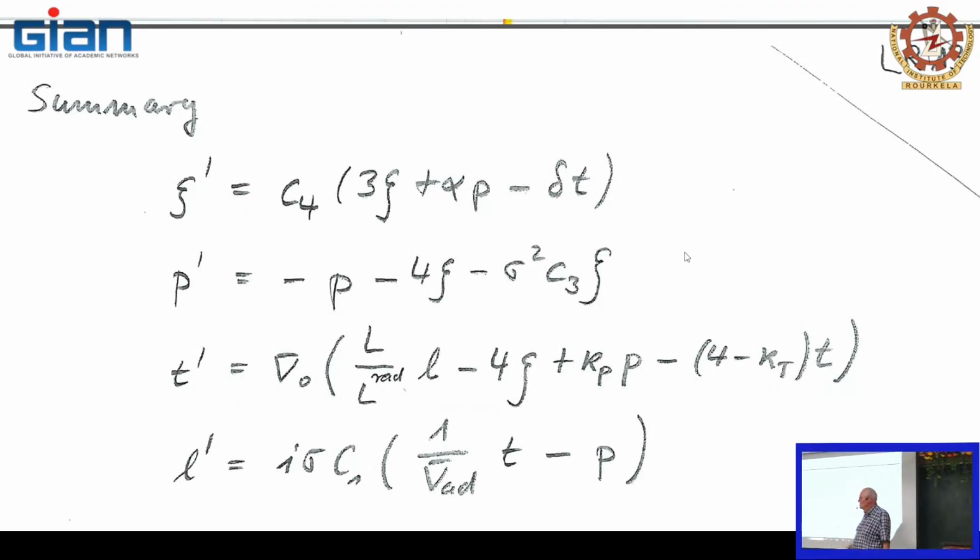This is a differential system of fourth order with real coefficients. We have already discussed the various coefficients with two places where time derivatives have occurred before. This is the acceleration term, which now contains the sigma squared. This is the second derivative.